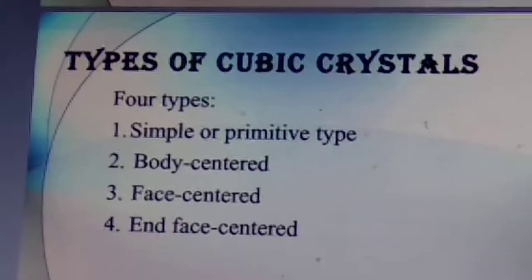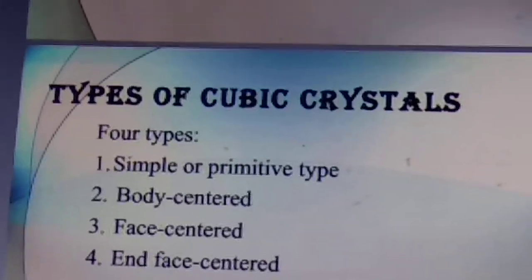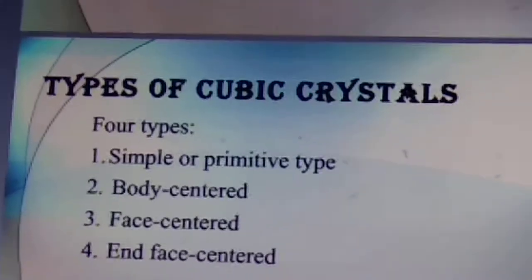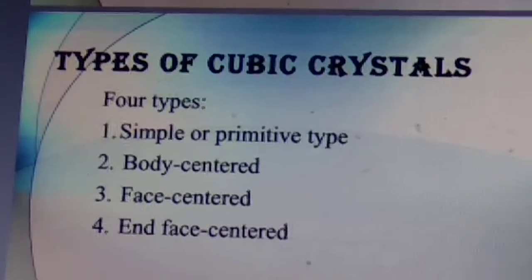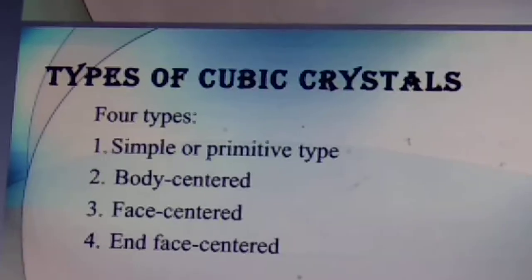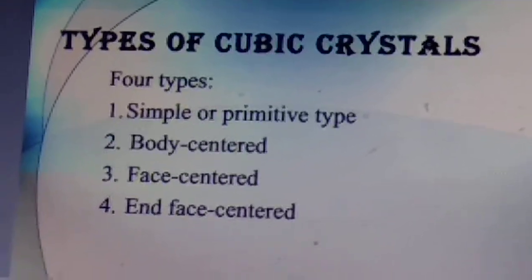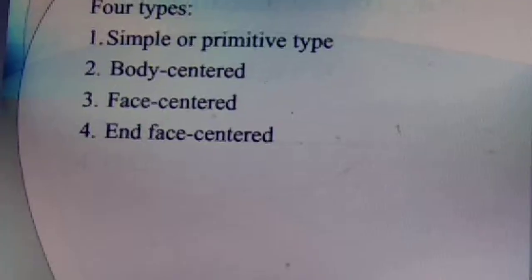Third, face-centered, where particles are present at the corners as well as the faces. And end-face centered, in which particles are present at the corners as well as at the center of any 2 opposite faces.